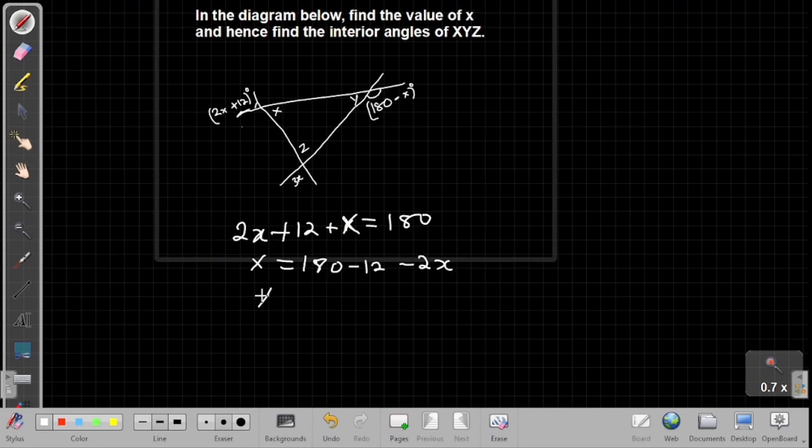So we now have the capital letter X to be what? 180 minus 12. That's 168. Then minus 2x. Now, please note this expression. We'll be using it very soon. Note that first expression. Then let's go to the next one.